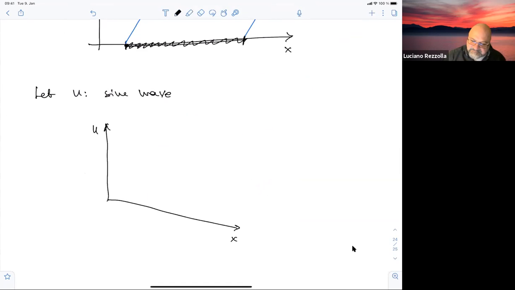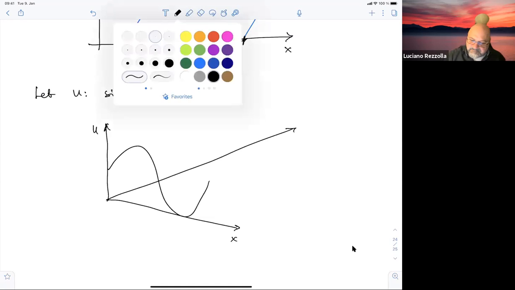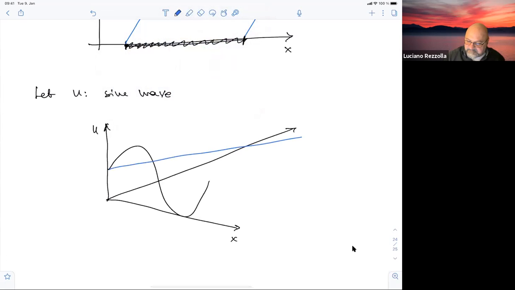So u is just a sine at t equals 0. Each piece of this sine wave will be just advected.